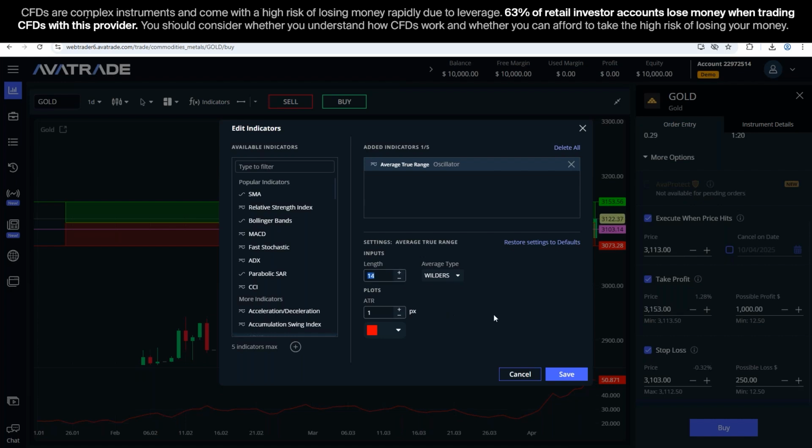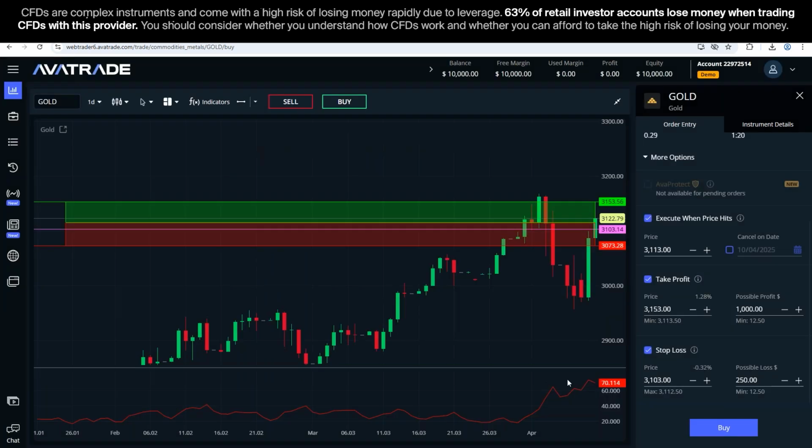So what I can do is go 5 and click save, and then I can see that the past few days it wasn't moving 50 per day. Okay, it was moving 70 per day on average. This is based on the past 5, okay? So we've got another 20%, maybe more, maybe 40%, because we have limited it to fewer days.